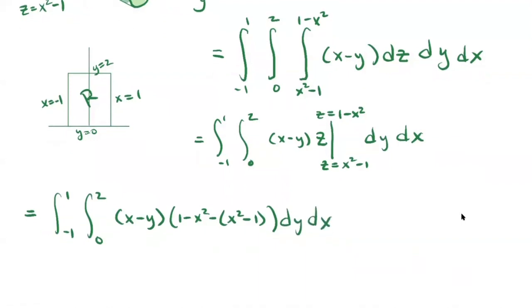And then maybe we could just squeeze this in and say -1 to 1, 0 to 2, and it's x minus y still, but then that part is going to be, is it 2 minus 2x squared? Maybe we just write it as 2 times 1 minus x squared.